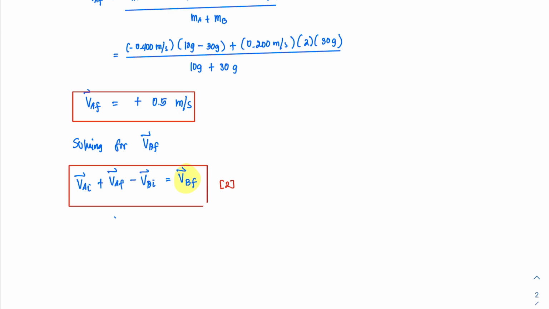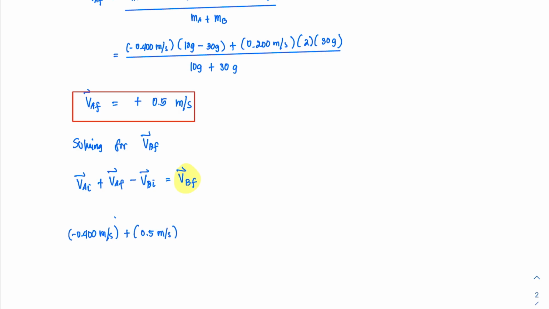We already have that in place. That is just equation 2. When you substitute the values, VAI again is negative 0.400 meters per second. VAF is 0.5. It's very crucial that you got the correct answer in VAF over here, because once that is wrong, your VBF value will be affected as well. So you need to be very careful in your calculation.